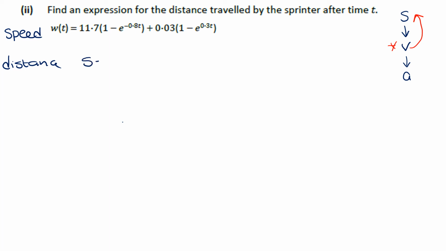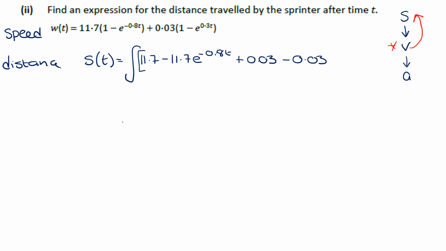So I'm going to write this as s of t. You can write it as simply s, that's fine. And I'm going to integrate this as 11.7, I'm going to use square brackets, I'm going to multiply this in as well, just like we did with the differentiation, because that will help with our integration as well. 0.8t, and then a plus 0.03 minus 0.03 e to the power of 0.3t, and that's all with respect to t, so dt.